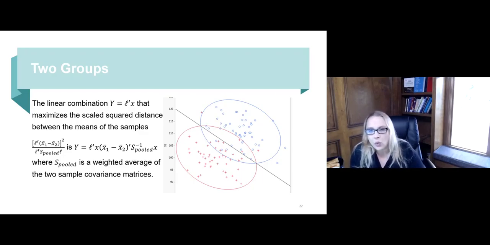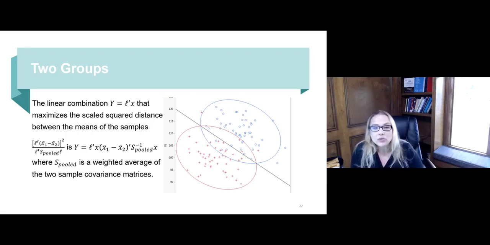So here the y's that we are calculating are the scores. And what you are seeing here visually is if you were to extend the line, then draw a perpendicular line that goes through the origin and onto that line, you would draw the two normal distributions of each of the centroids.